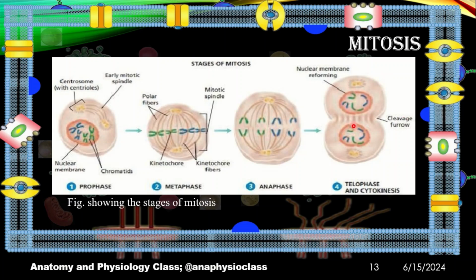Then the cell will start to divide its cytoplasm, and the cell membrane will divide the cell into two daughter cells. This is the role of the cell membrane in the process of cell division. So the division of the cell into two daughter cells is what is known as cytokinesis. Cyto means cell and kinesis means movement.